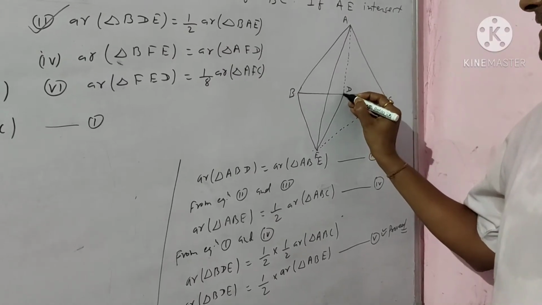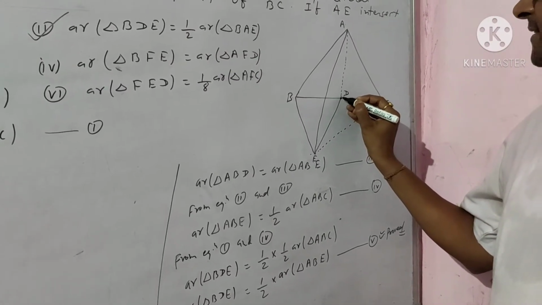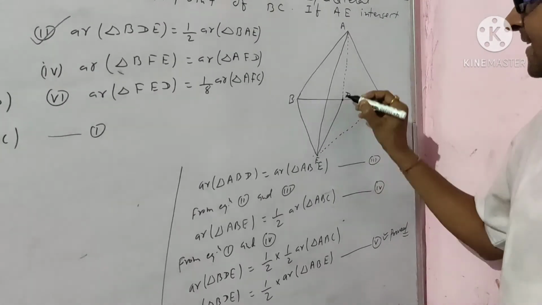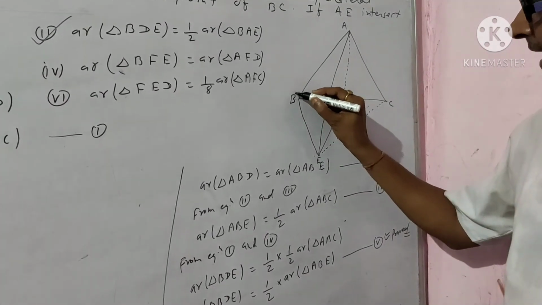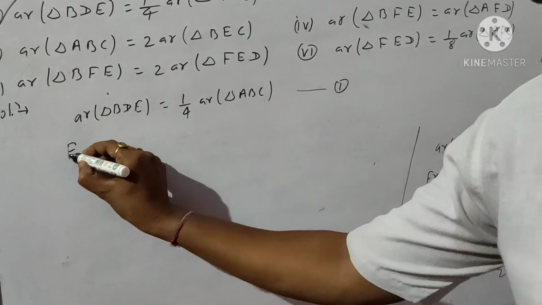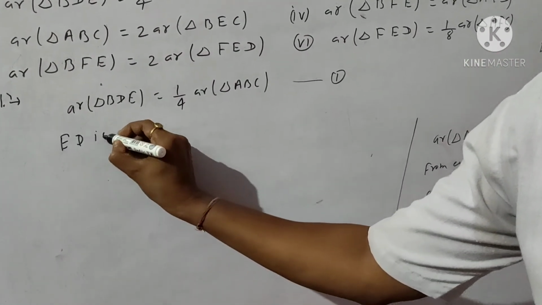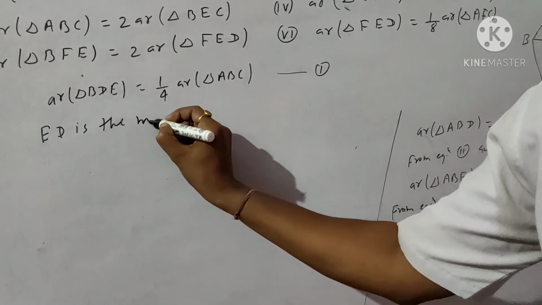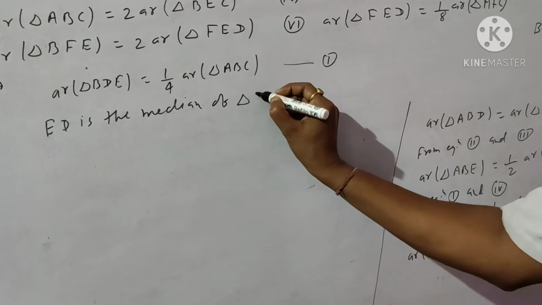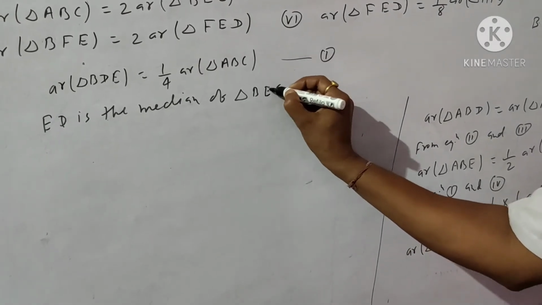Here student, D is the midpoint of BC. So ED is the median of triangle BEC. We can write here ED is the median of triangle BEC.